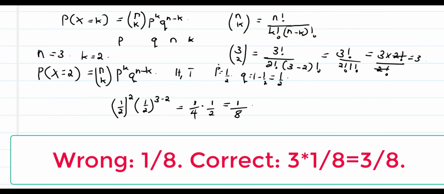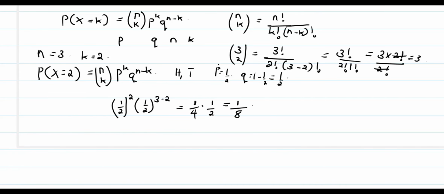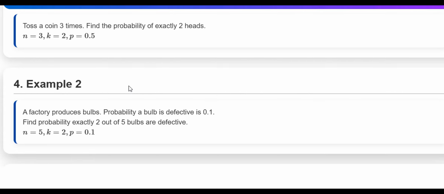So can we try another example? You are told a factory produces bulbs. The probability of a bulb being defective is 0.1. Then somebody tells you to find the probability that exactly 2 out of 5 bulbs are defective. So in this case, the total number of bulbs produced is 5.